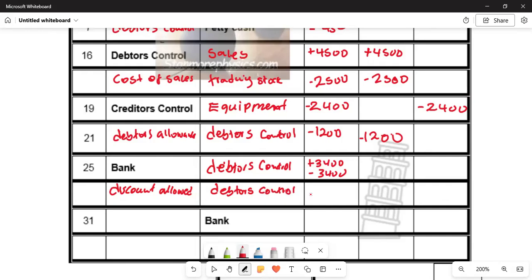So we are going to have minus 100, as well as minus 100 on the owner's equity side. Because we allowed the discount of 100, that is going to affect our cash, our money, our assets, as we are now to part ways with this 100, which is a discount that we give to our debtors. So that is going to affect our revenues. That is why we have minus 100. So owner's equity is going to be affected.